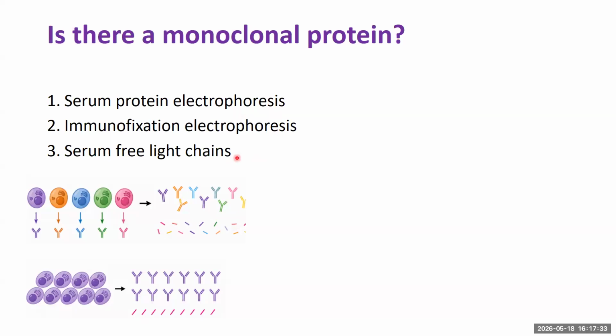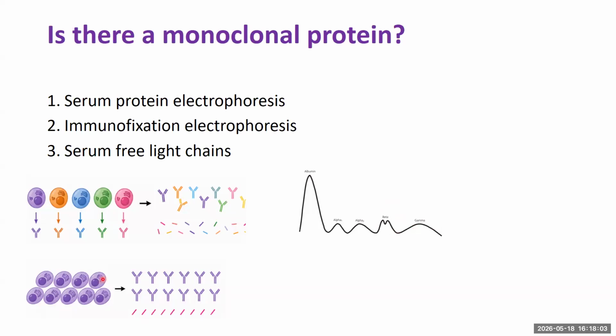In order for us to better understand these tests, it's important to understand a little bit about physiology. In healthy individuals, polyclonal plasma cells produce a wide variety of immunoglobulins with different heavy and light chains. Because these immunoglobulins have slightly different electrophoretic mobilities, they distribute broadly across the gamma region, producing a broad-based polyclonal pattern.